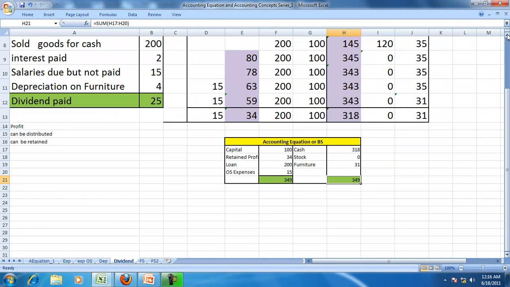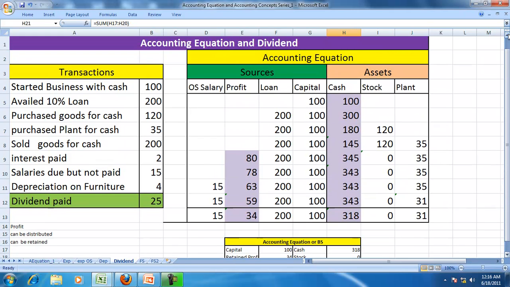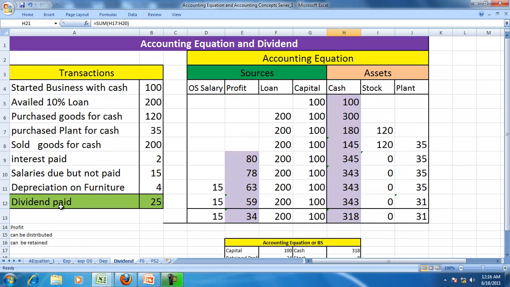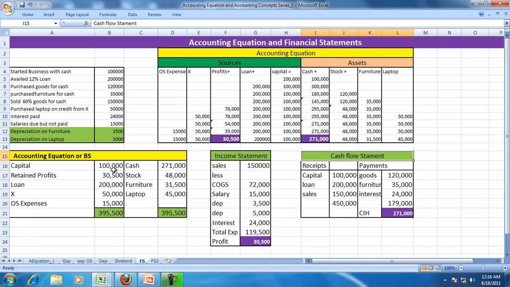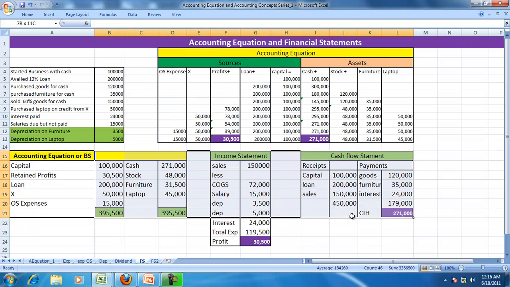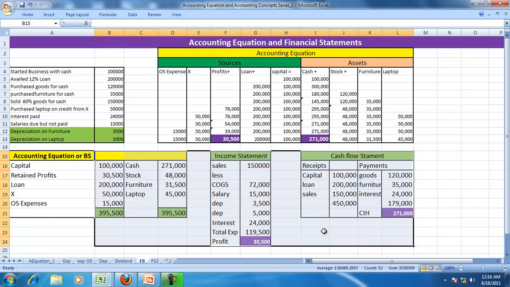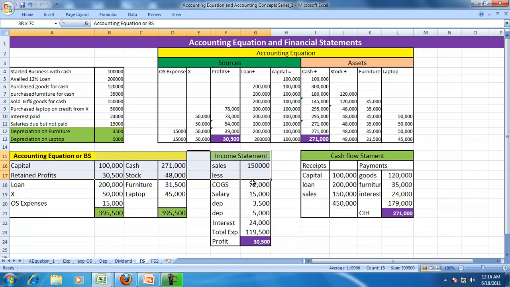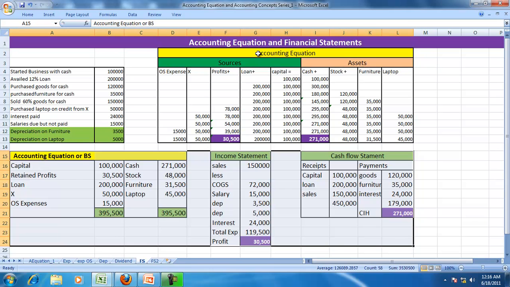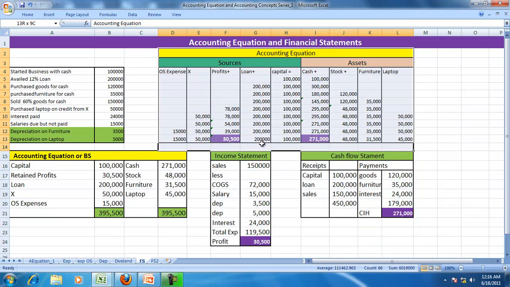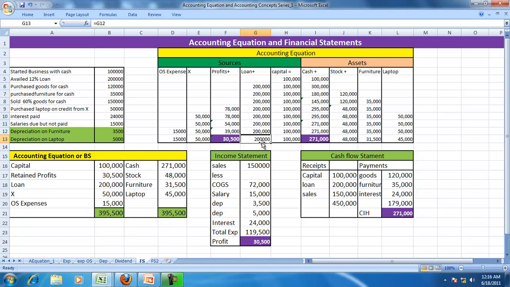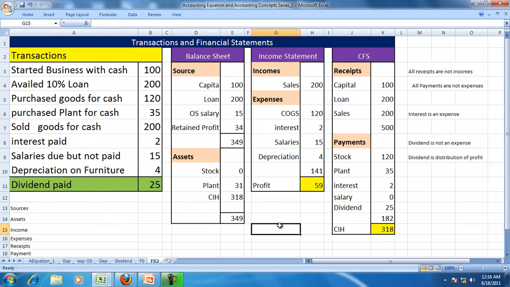If there is a profit, I can distribute a dividend. So the dividend is a distribution of profit and a cash outflow. Then I mentioned that all this accounting equation can be shown in the financial statements. That means the financial statements are the manifestation of the accounting equation. But you don't see the accounting equation everywhere in the annual report; what you see is the financial statements.